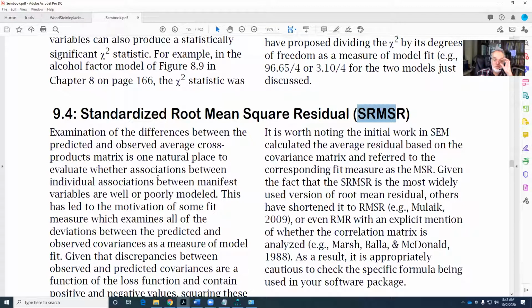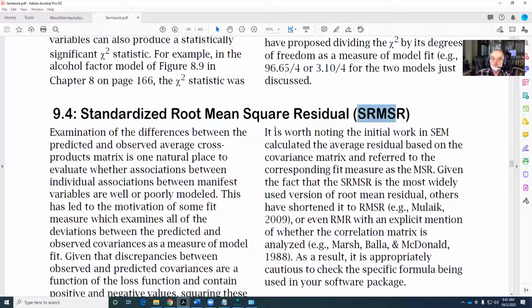There are some people who enjoy this model because it intuitively talks about the errors or the discrepancies between a model's variance covariance matrix or correlation matrix and what happened in the data. The idea is pretty straightforward. In other words, the measure is exactly what it says it is.